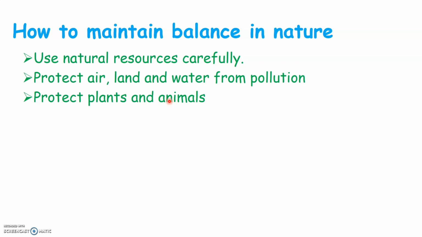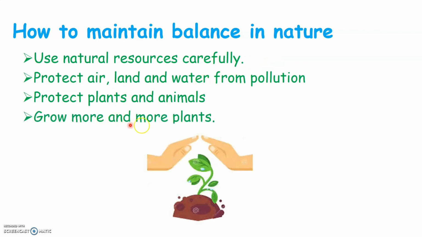Hence, it is important to protect all plants and all animals around us because that will help to maintain a balance in nature. In addition to that, we should also grow more and more plants around us.